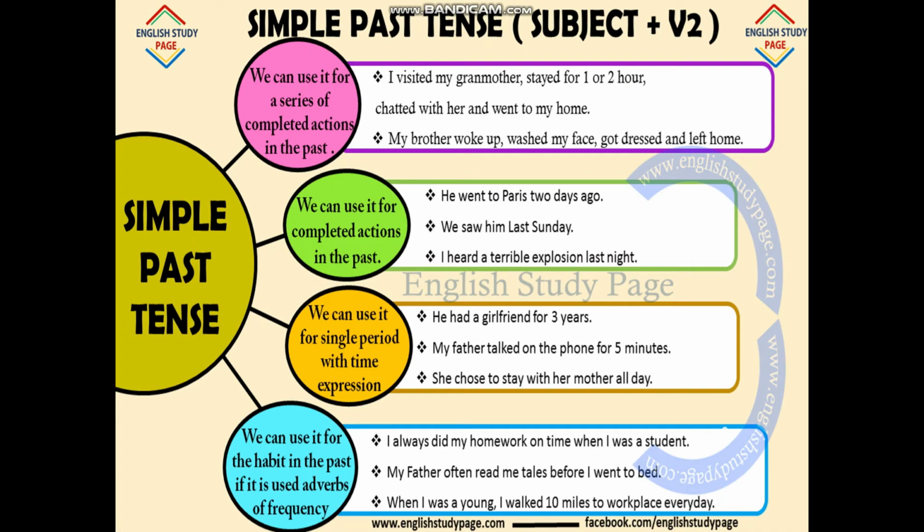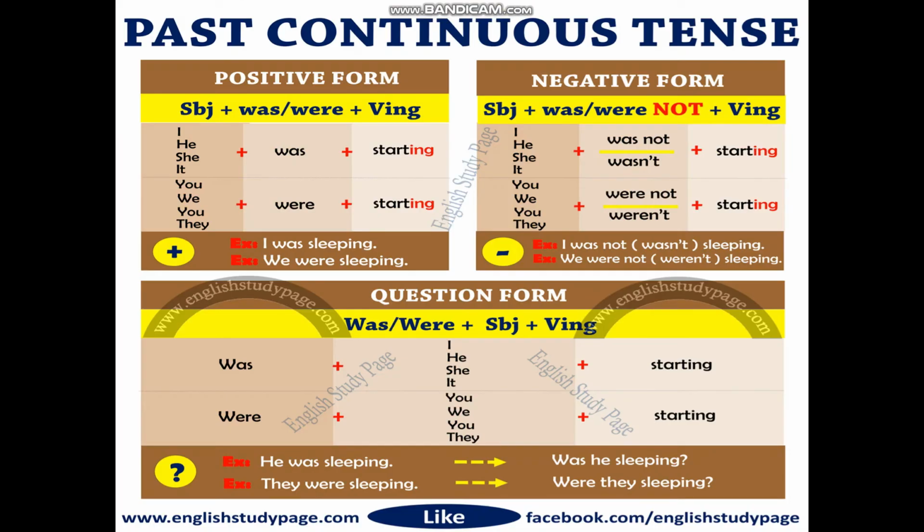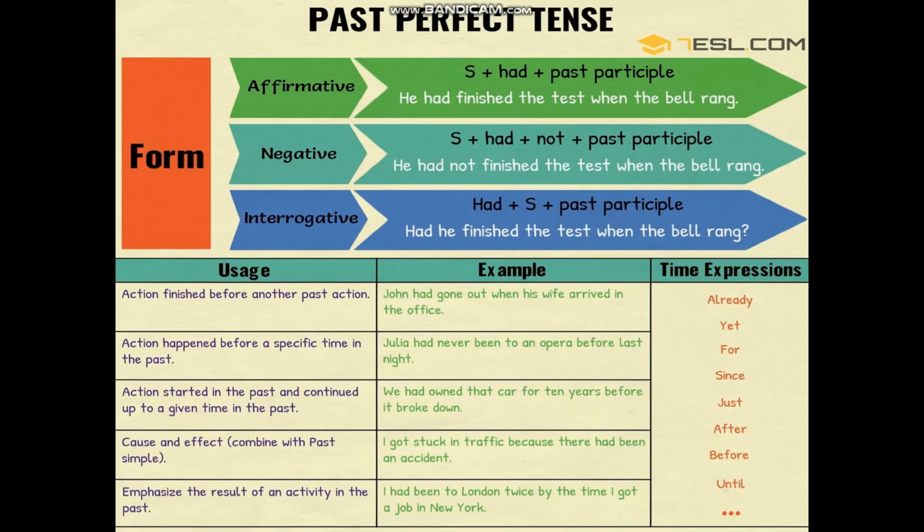Look at the pattern and examples. And then, this is the pattern of past continuous tense, as well as its functions and examples. And the last is past perfect tense. There is a pattern and examples.